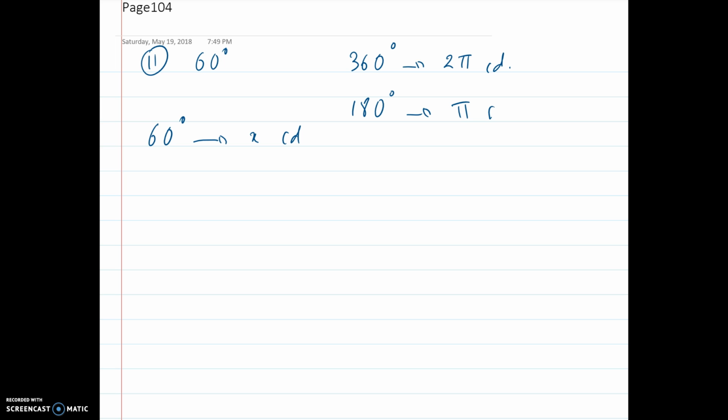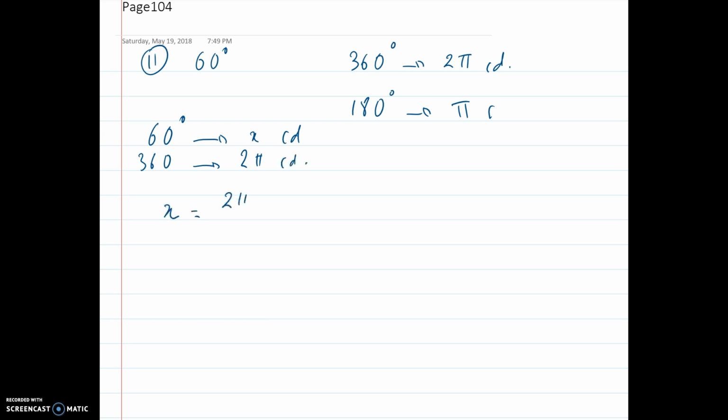What do we have when 360 degrees correspond to 2 pi radian? Well, x is going to be 2 pi multiplied by 60 divided by 360. What we're doing is the diagonal divided by the last one.